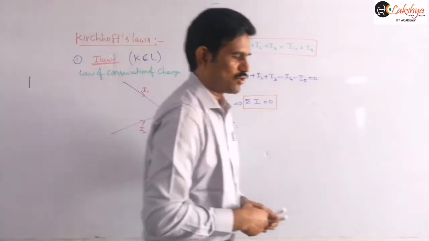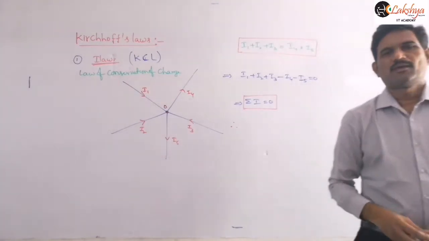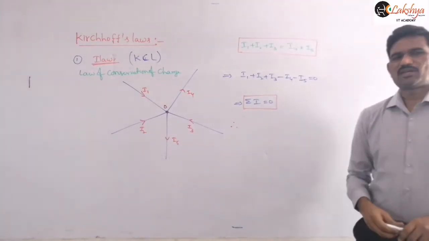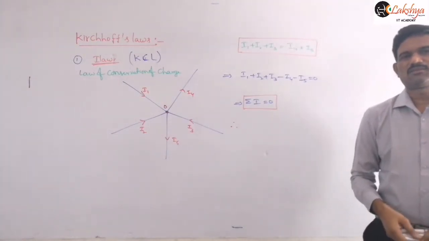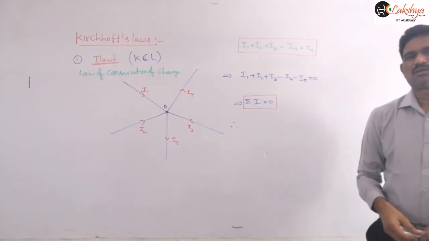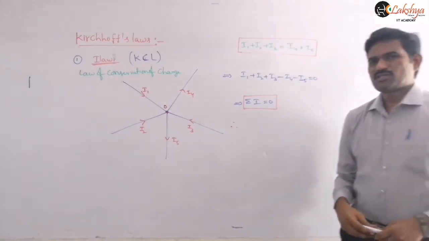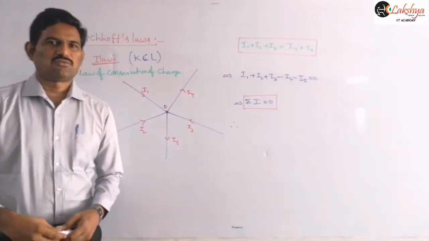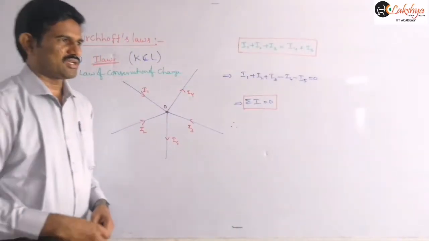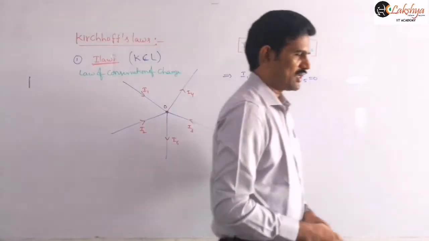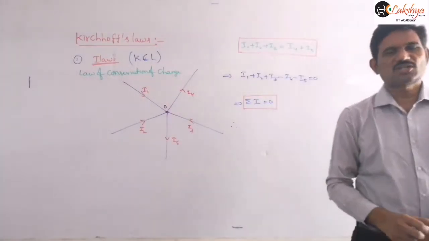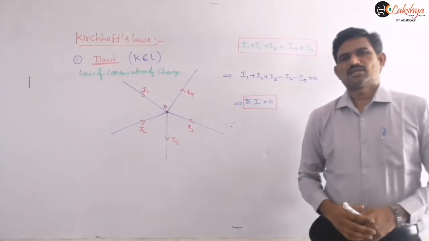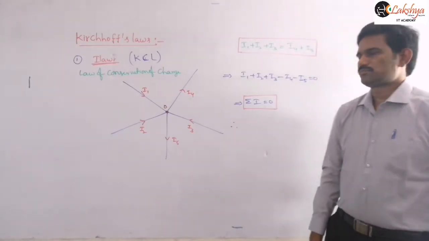Kirchhoff first law can also be expressed as: the algebraic sum of all the currents at any junction is 0.